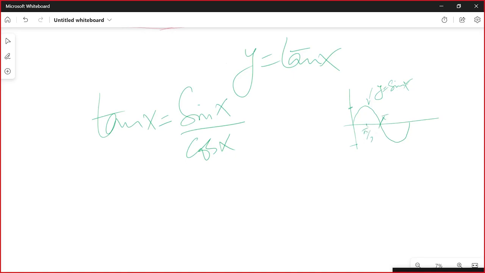This is pi, this is 3 pi over 2, and this is 2 pi. I should make it a little smaller so that it doesn't confuse you. So this was pi, and this was 3 pi over 2.